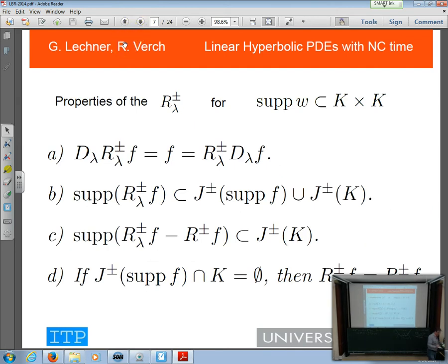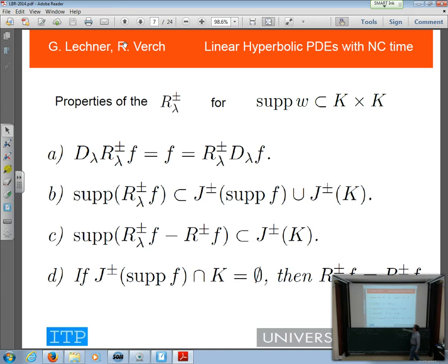Okay. Support properties we have. For ease of notation, suppose the support of W is in K times K, where K is a compact subset of n-dimensional Minkowski spacetime. So the first property says you have fundamental solutions. The second says the support properties are similar, but you can have a larger support for the solutions.